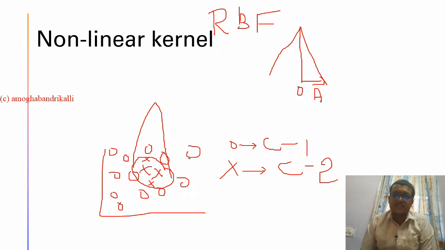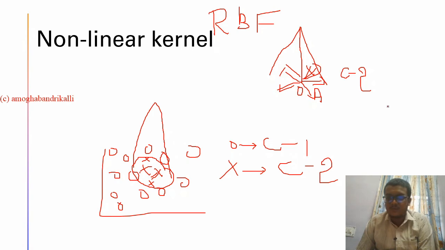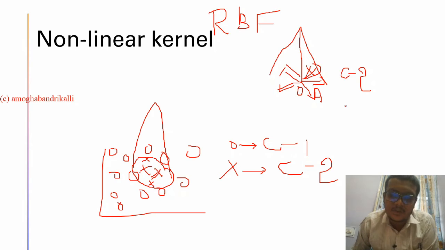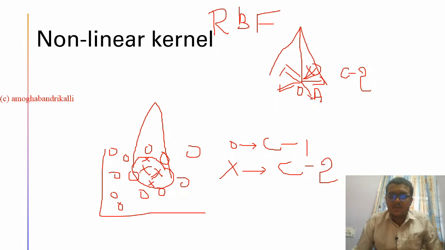After finding the circumference, you can find the distance of the points from it. If the distance is less, you can tell that it is class 2. For a new point, by comparing the distance with the circumference, you can decide whether it belongs to class 1 or class 2.